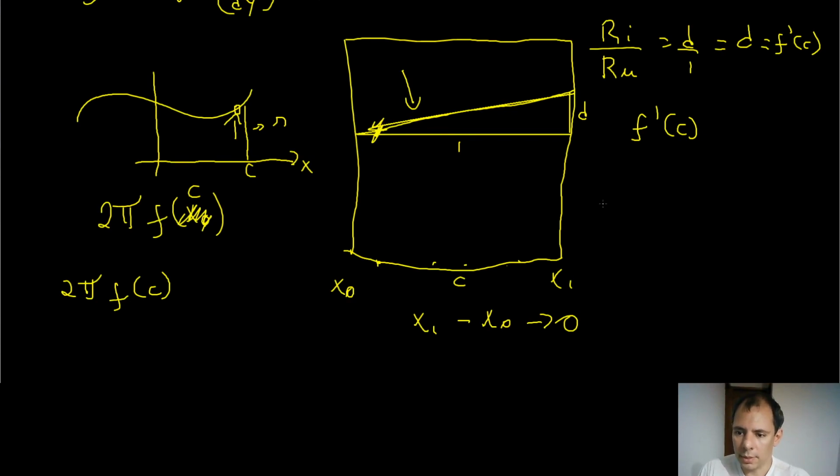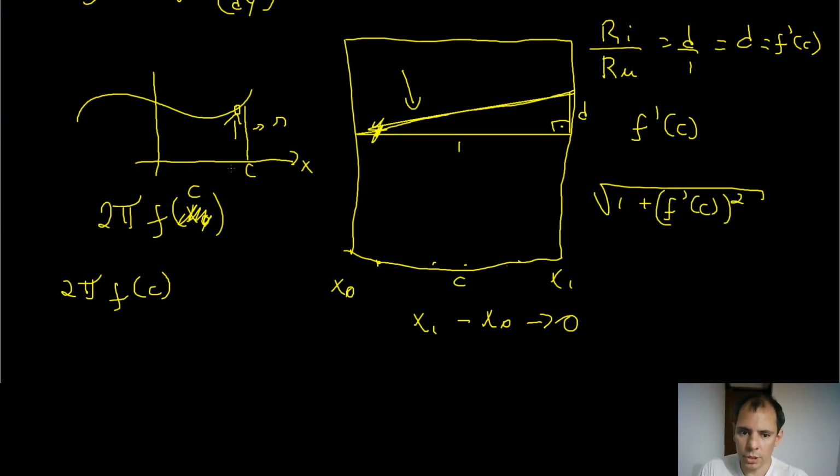Well, it's going to be the square root of the first side squared, because this is a right triangle. You see the 90 degrees over here? So it's the first side squared, which is 1 squared, just 1, plus this d squared. But what is d? Well, d equals the first derivative at the point C. So it's going to be f prime at the point C, squared.